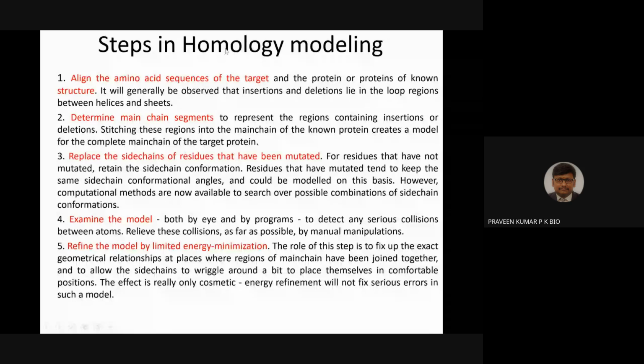When we go for computational prediction methods, the first method is homology modeling. We go to this method if you don't have any 3D structures deposited from gold standard techniques.